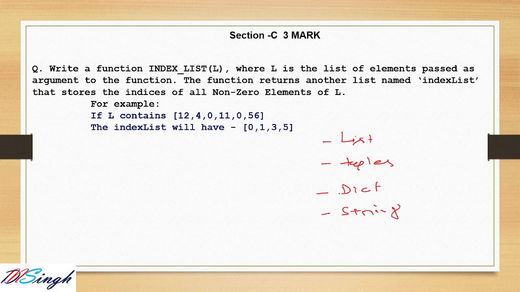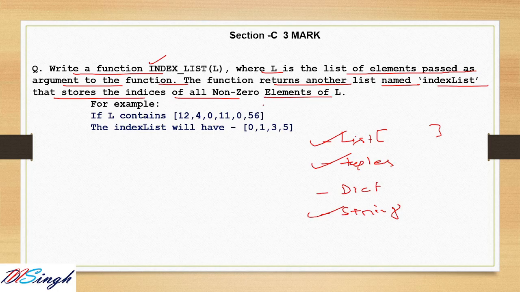In that question you need good command and understanding of the functions dealing with these data types: list, tuple and string are sequences, and dictionary is a mapping. These types of questions are going to be asked, like: write a function named index list, where L is the list of elements passed as an argument to the function, and the function returns another list named index list that stores the indices of all non-zero elements in L.